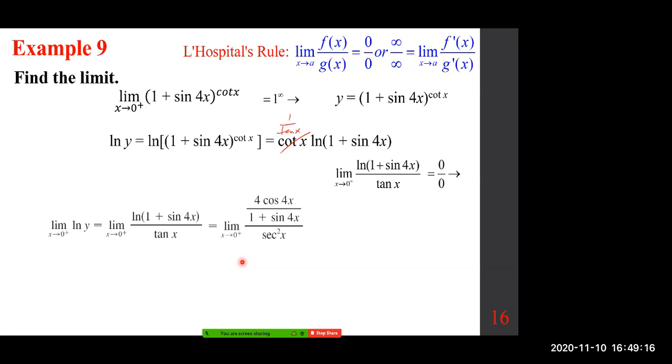Now, what happens when you plug in 0? This becomes a 4, this becomes 1, this becomes 1, and the answer is 4. So I hope you see that when you plug in cosine, this becomes 4 times 1. This becomes 1 plus 0. And then over secant, which is 1 over cosine, and that's 1, and that's why we end up with 4.